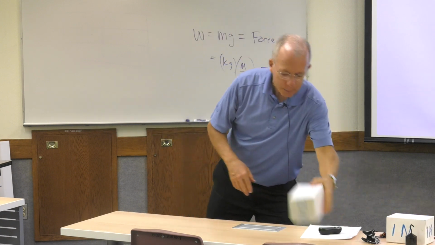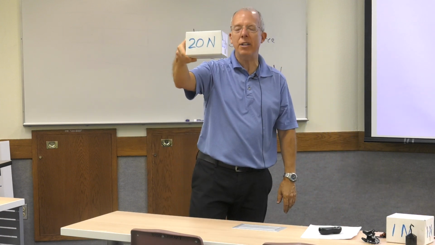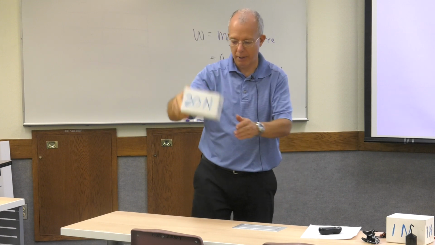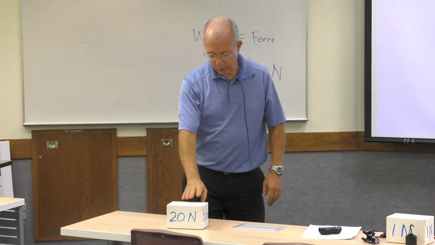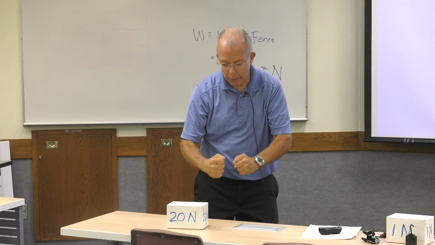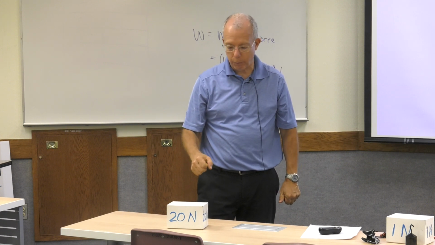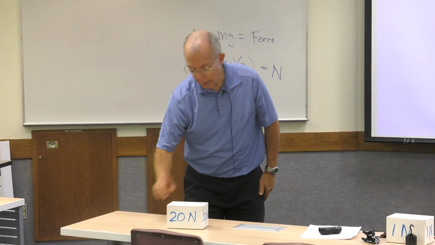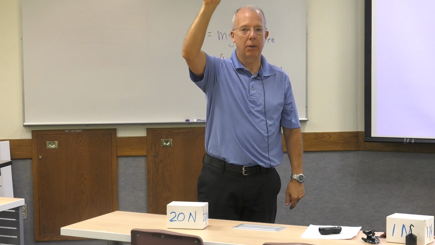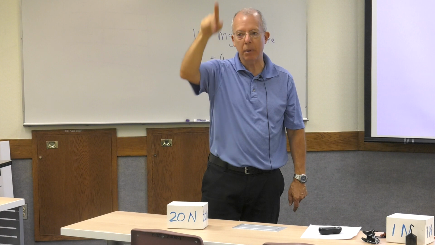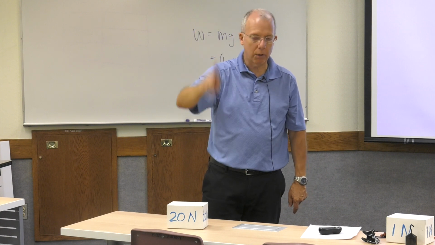Now pretend this is a 20 Newton box. Earth is pulling down on it with 20 Newtons. What's the normal force the table exerts on the box? 20 Newtons, so the sum of the vertical forces is 0.